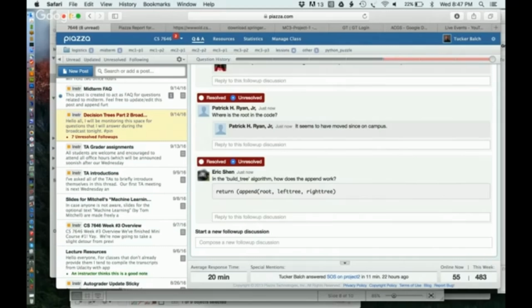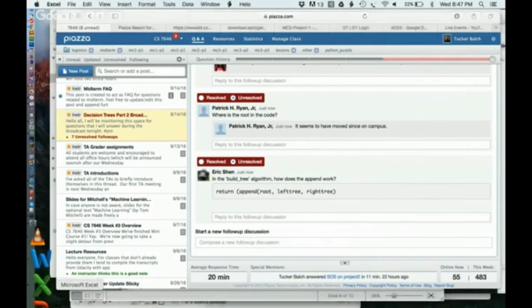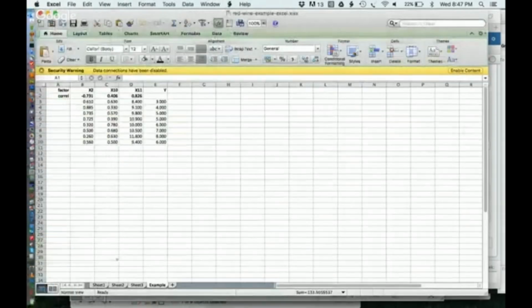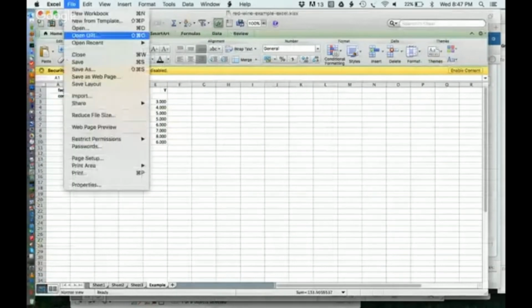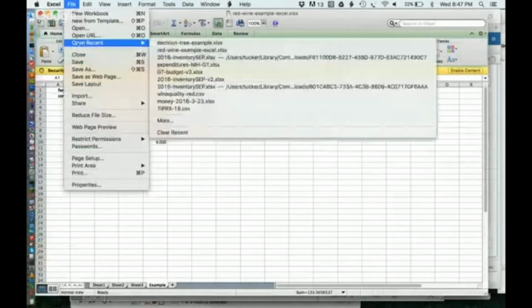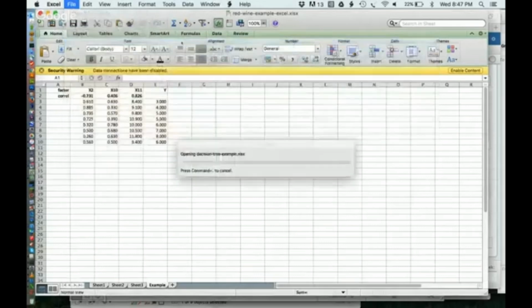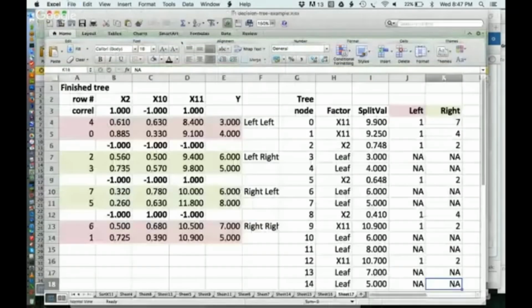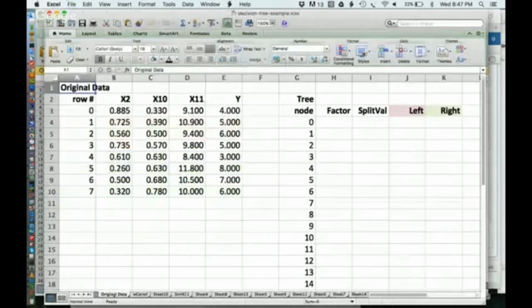Okay, let me now give you a concrete example. This is also the example of the graphical tree that I showed you. This is the same data in the same tree.